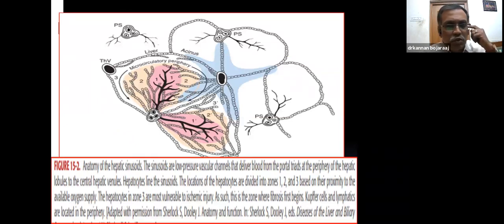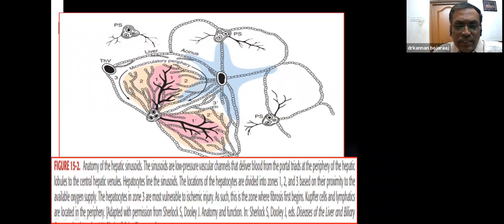See this figure, it is the most important figure. Everyone has to understand this. I have already told you earlier about zones 1, 2, and 3. See, this is the portal hepatis, where the bile duct, artery, and lymph are present.